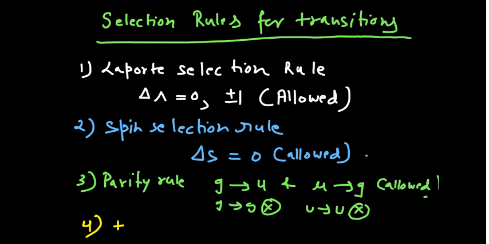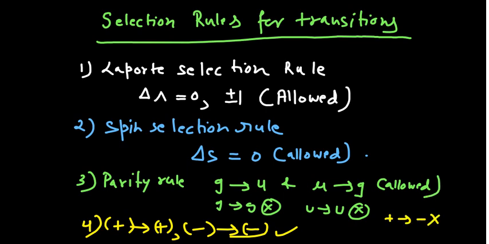When the transition is from plus to plus, it is allowed, and from minus to minus it is also allowed. While plus to minus is forbidden and minus to plus is also forbidden. So please keep in mind these rules. If you know this much, then it is easy to know the kind of transitions, allowed or forbidden.